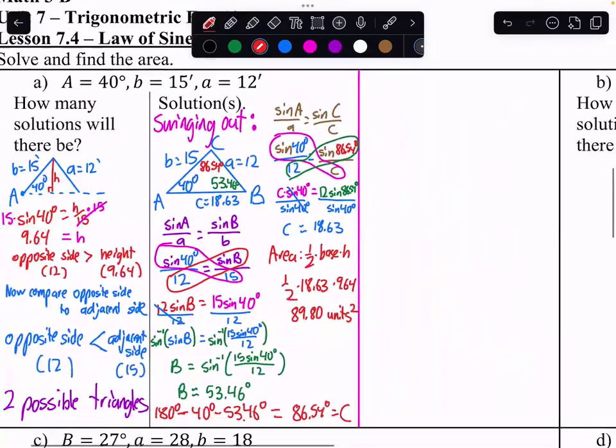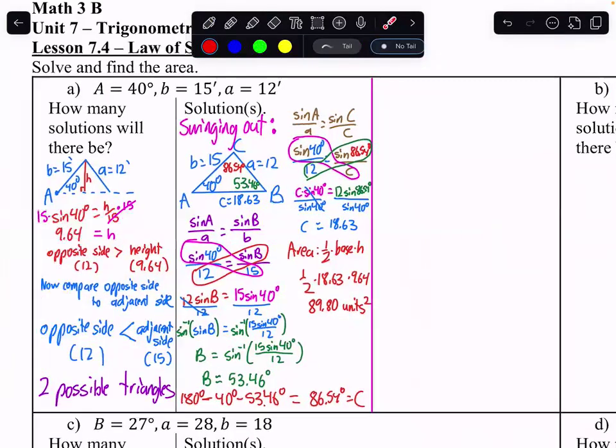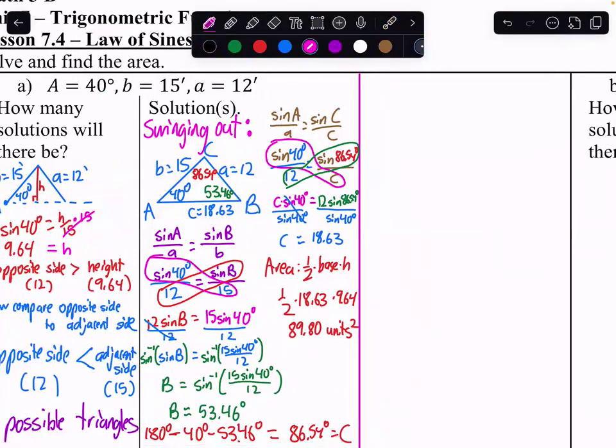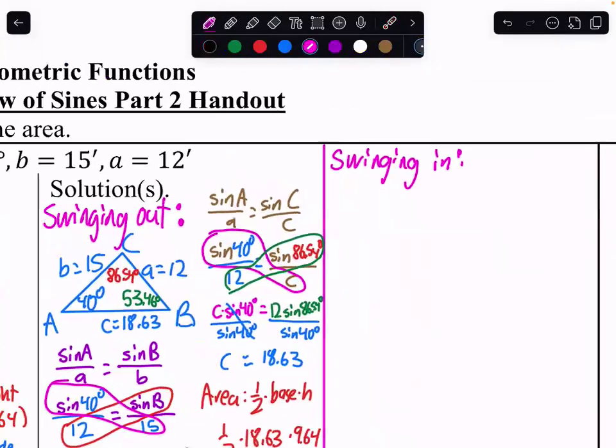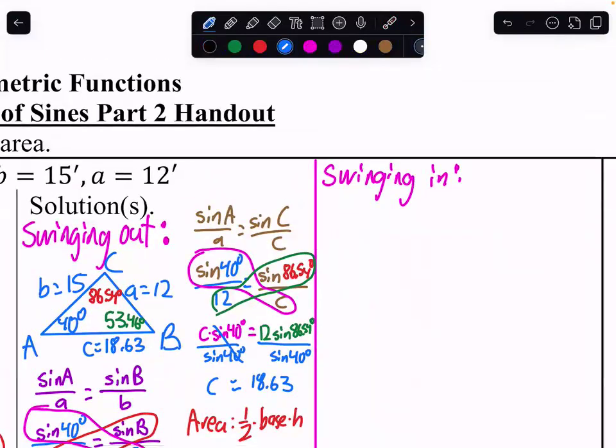All right, so that's the solution that we're used to, I guess I would say. But we now need to do the swinging in triangle. I'm going to draw this one bigger because otherwise it's hard to fit all the numbers. Again, this side is given to us, and we know the bottom path, but this time, instead of swinging out, the opposite side will swing in.